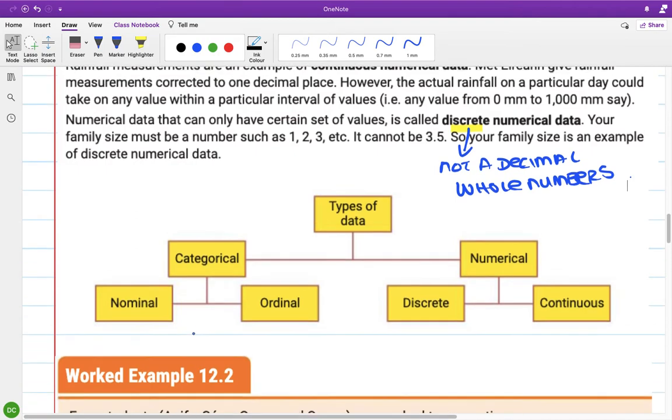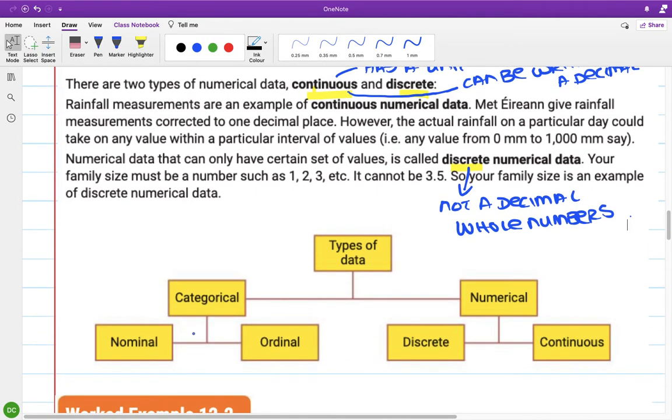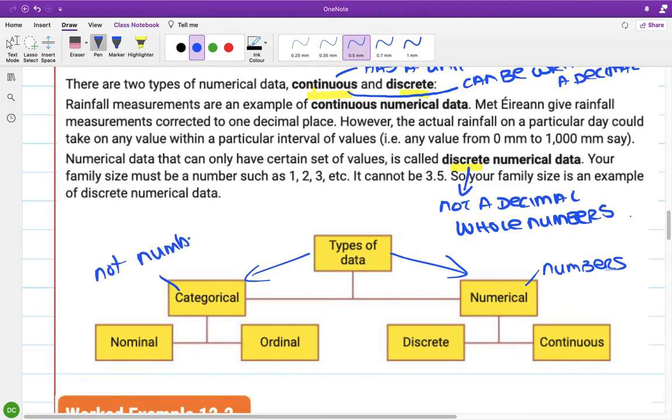Okay, so this is what I was talking about, the little table. So data is split up into 2, which is categorical or numerical. Numerical is numbers. Categorical is not numbers. Categorical then is further split into nominal and ordinal.